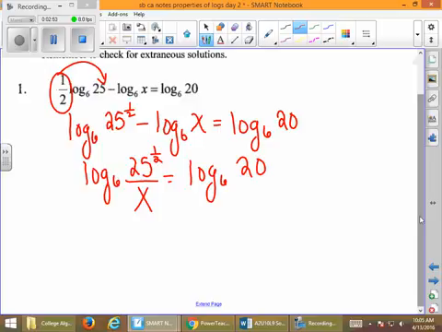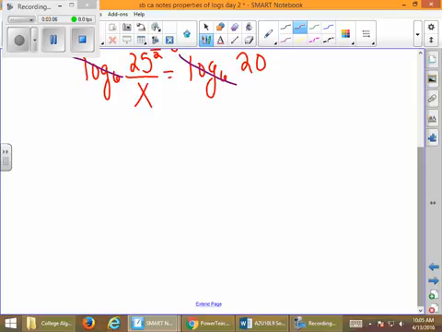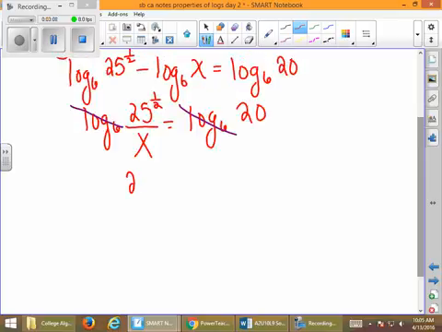We want to get one logarithm on one side, one logarithm on the other side. Hopefully they're the same bases. And then we don't need to worry about log base 6 anymore. We need to worry about the 25 to the 1/2 power divided by x is 20.